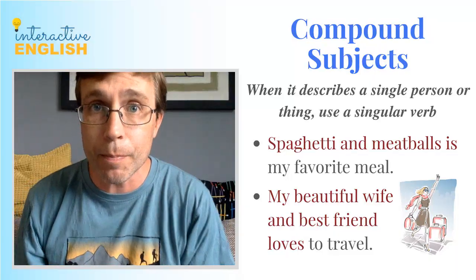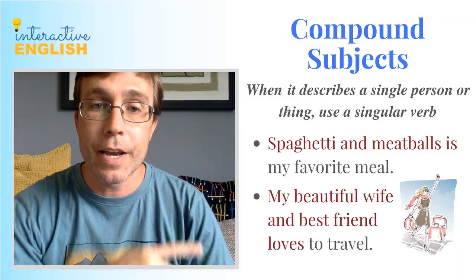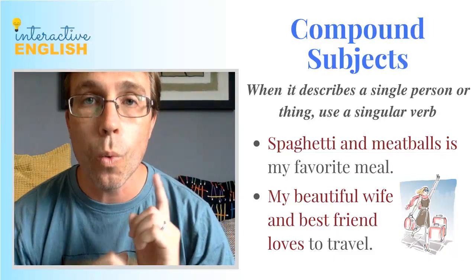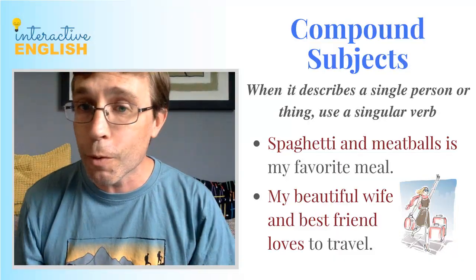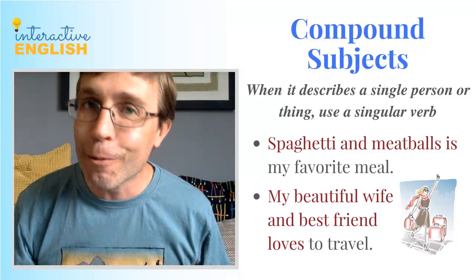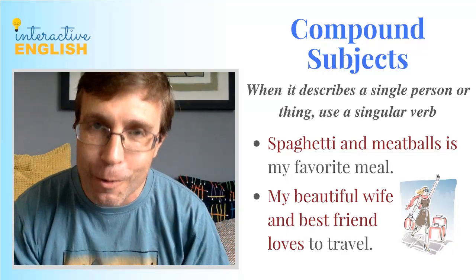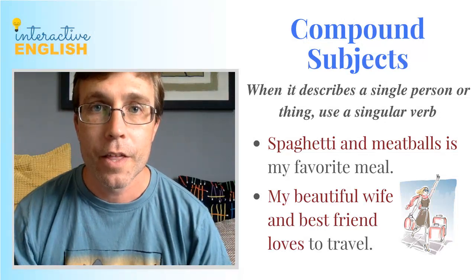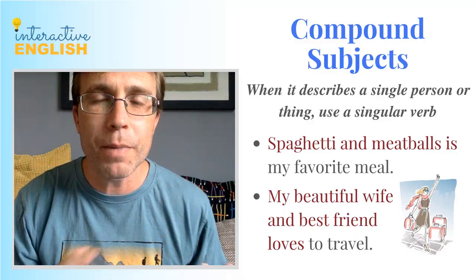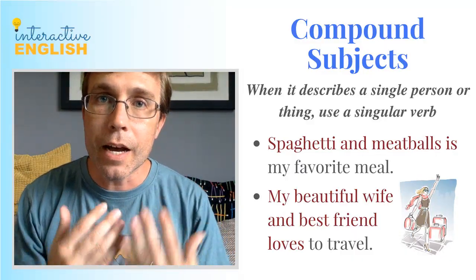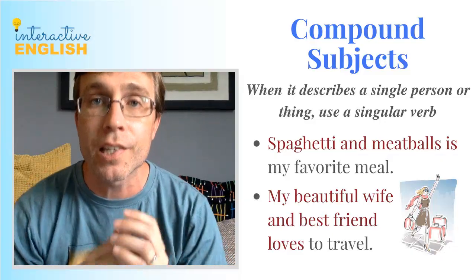Okay, spaghetti and meatballs, that's our compound subject. Now, here's another one, and this one I'm talking about one person, all right? My beautiful wife and my best friend. This is Joanna. My beautiful wife and best friend loves to travel. So this here, I know this can be a little challenging because maybe you don't know the context, but I'm telling you, I'm talking about the same person.